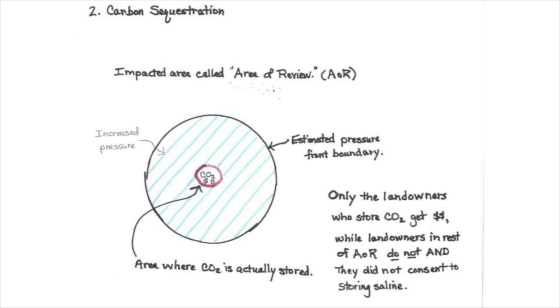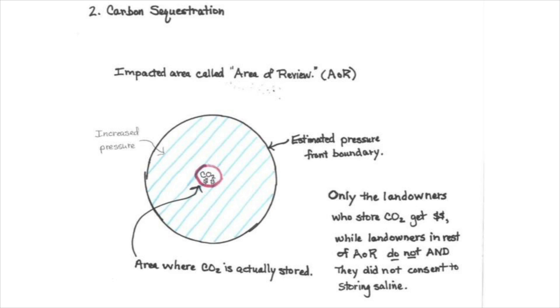And as we looked at in the beginning, the actual AOR map for Vervain, which was pulled directly from the Vervain EPA Class 6 well application, that's under 2 towns. The pressure will be raised under 2 towns, and then 2 little villages, and lots of other land. It's an impact to a really large area.